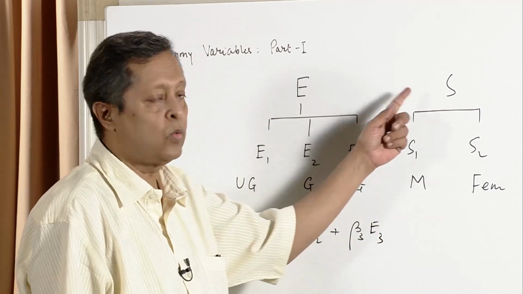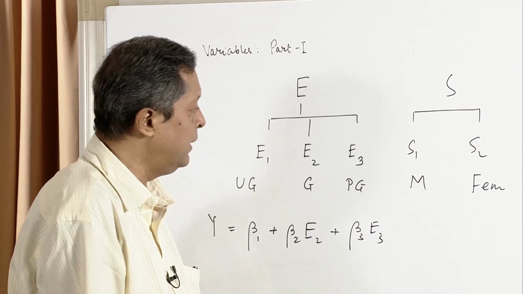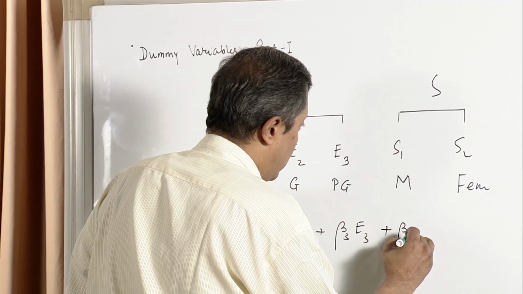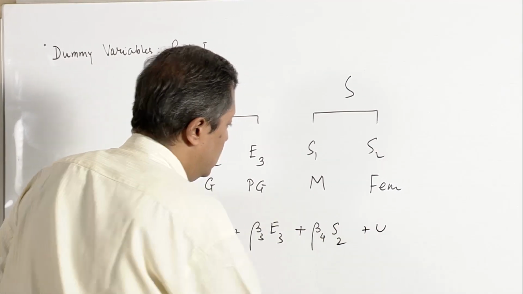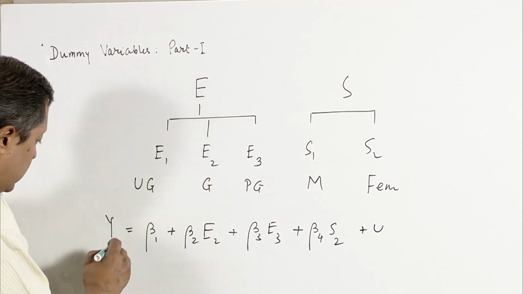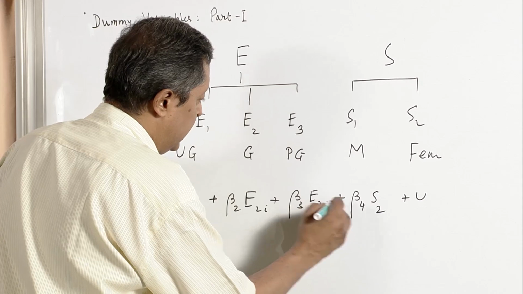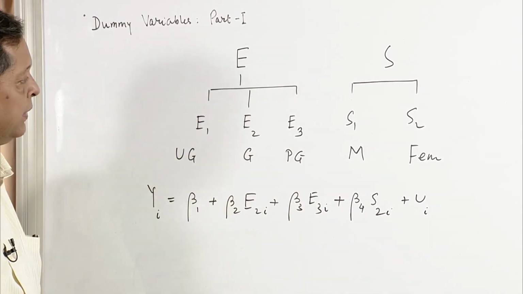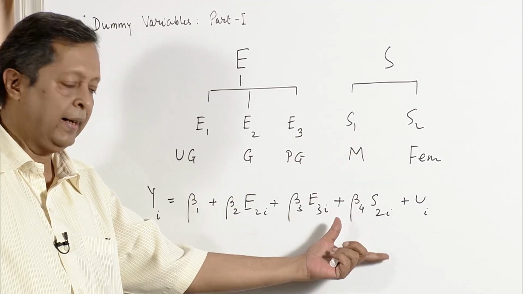Similarly, for this qualitative variable which has two categories, two possibilities, we will take only one. So, we say plus beta 4 S2 plus u. So, for the ith observation we write yi, E2i, E3i, S2i, ui, or even simpler we could have just written S, because we have one S. So, we can just write S.